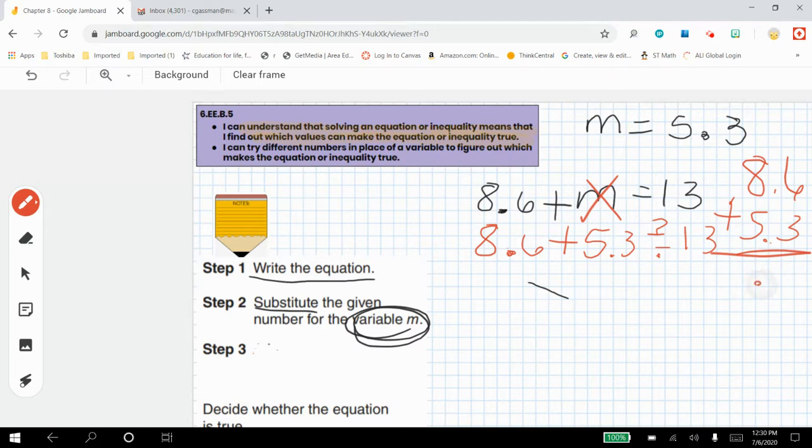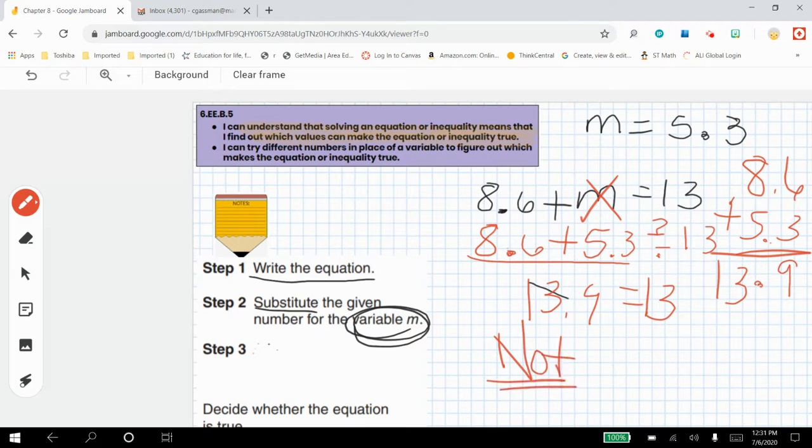Bring my decimal down first. I have a 9, and 2 plus 3 more is 13.9. So these two numbers together make 13.9. Is that equal to just 13? The answer is no, so it's not a solution.